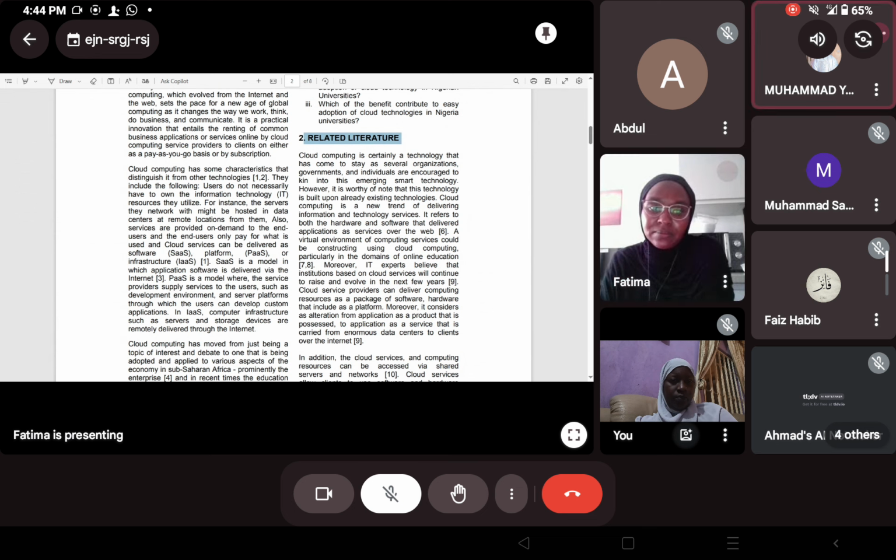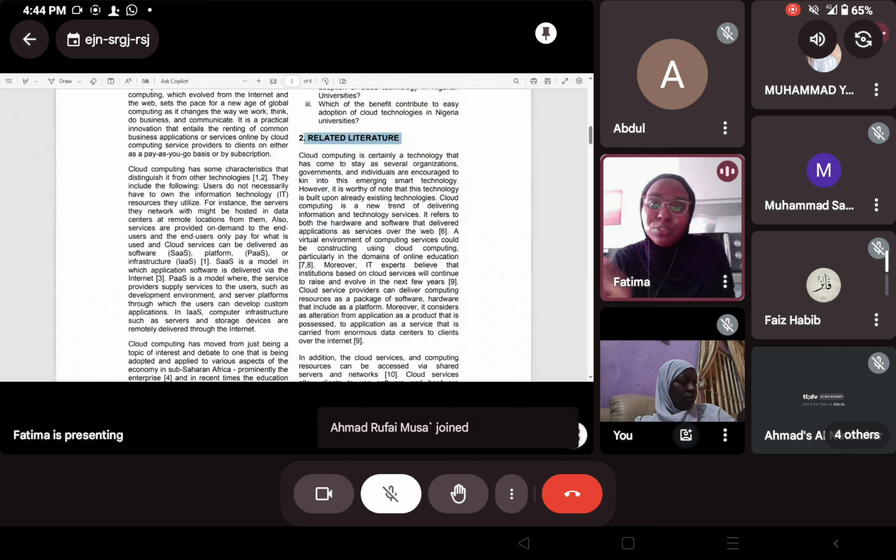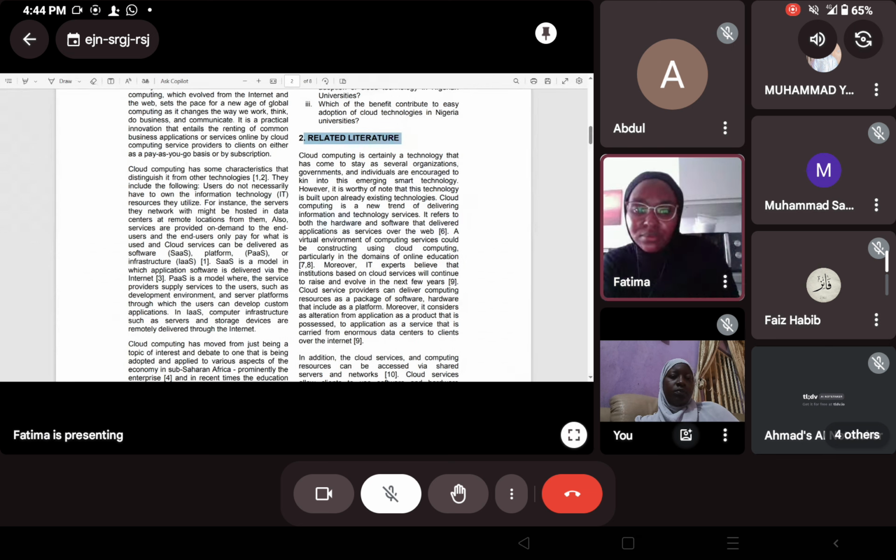Okay. Yes. So you look into what area you want to apply cloud computing to, or examine the application of cloud computing to.